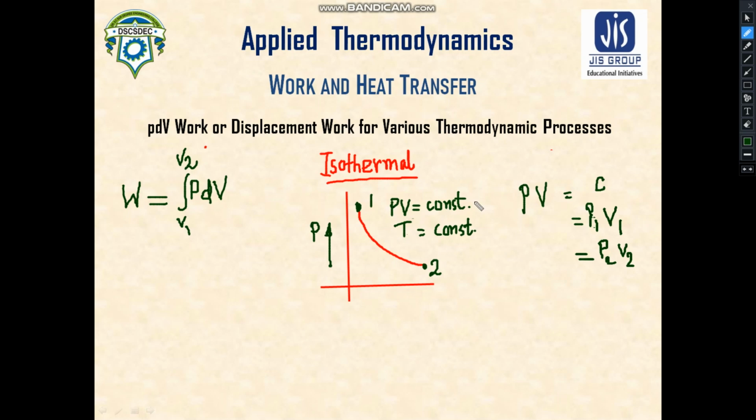Similarly, P1 V1 will be constant, P2 V2 will be constant, and from this equation we can write P is equal to P1 V1 by V, as well as P2 V2 by V. So let us replace it here.